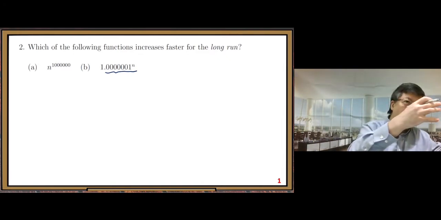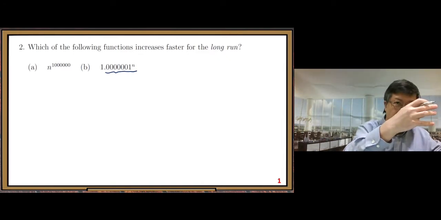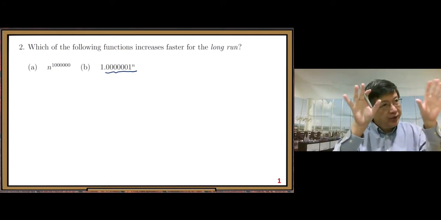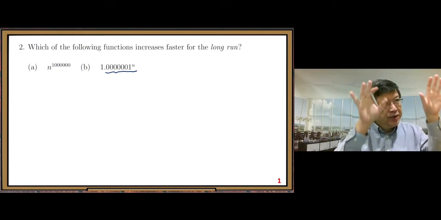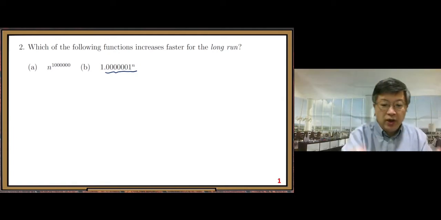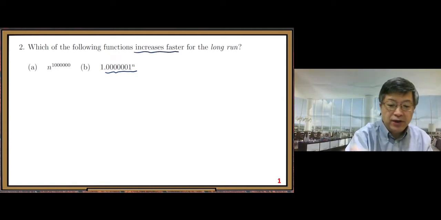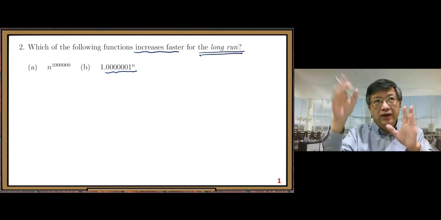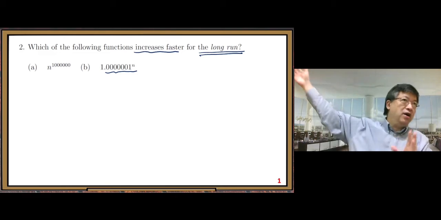Very close to 1, but not equal to 1. Slightly different. Now, we want to compare these 2 functions. Which one is larger? Which one increases faster for the long run? Long run, okay? Where n is very, very large.